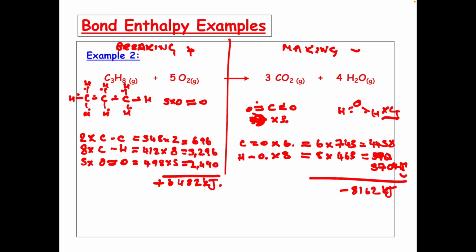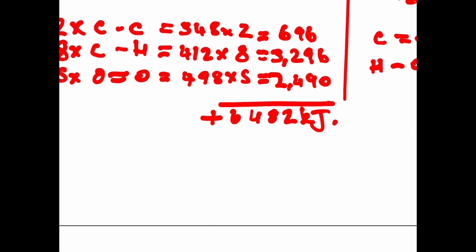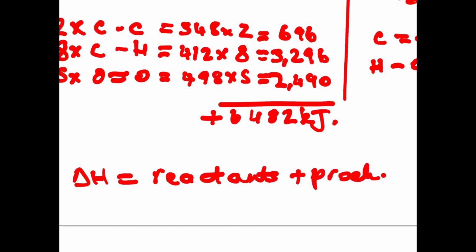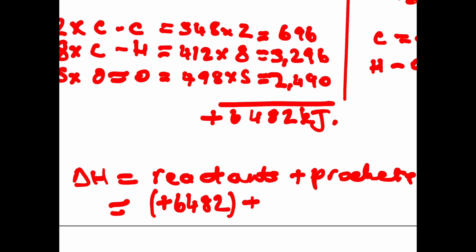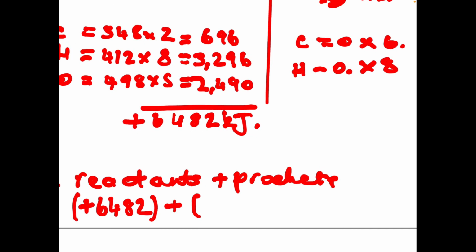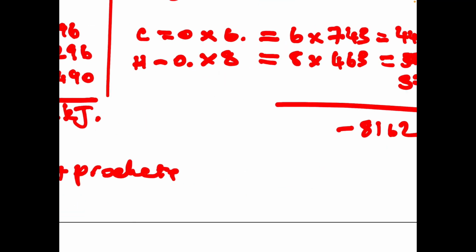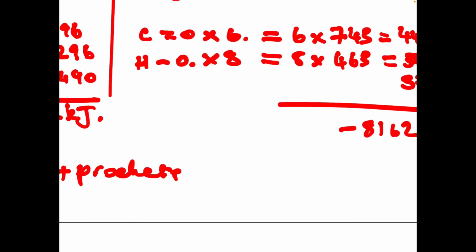So to work out the total enthalpy change, the delta H, what we do is delta H equals reactants plus products. And what you do is you take the enthalpy change and you put it in brackets. So that's going to be plus 6,482 plus, and remember this one was negative, so that's going to be minus 8,162.